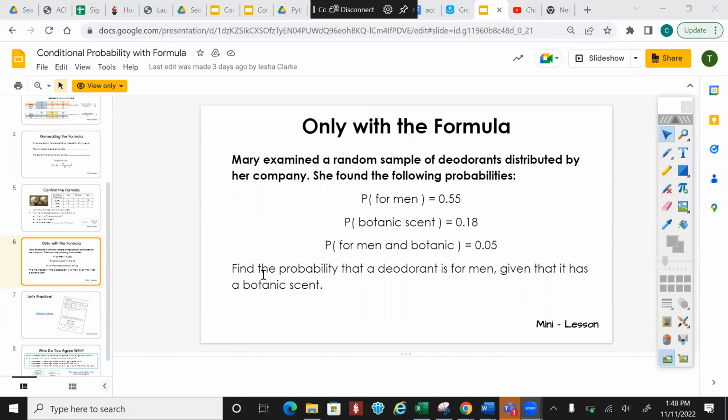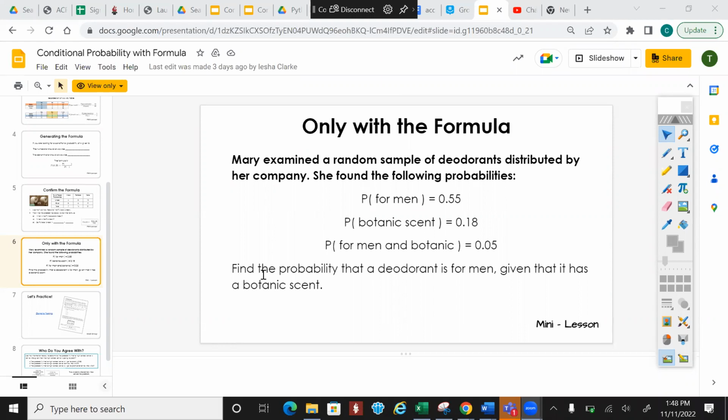Okay, so Mary examined a random sample of deodorants distributed by her company. She found the following probabilities. The probability of men, 55%. The probability of botanic scents, 18%. Probability of men and botanic, 5%.